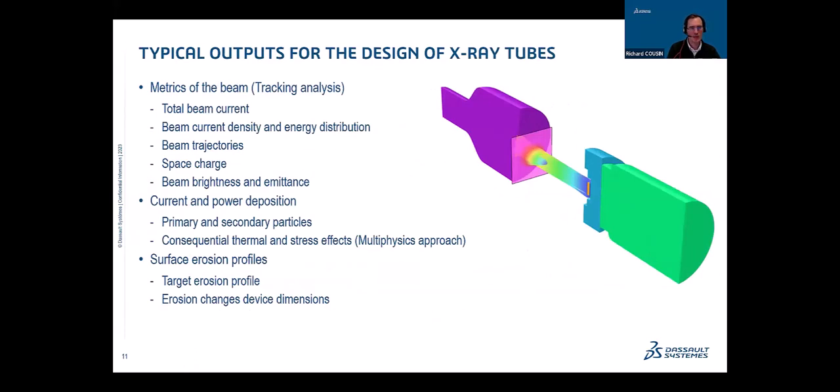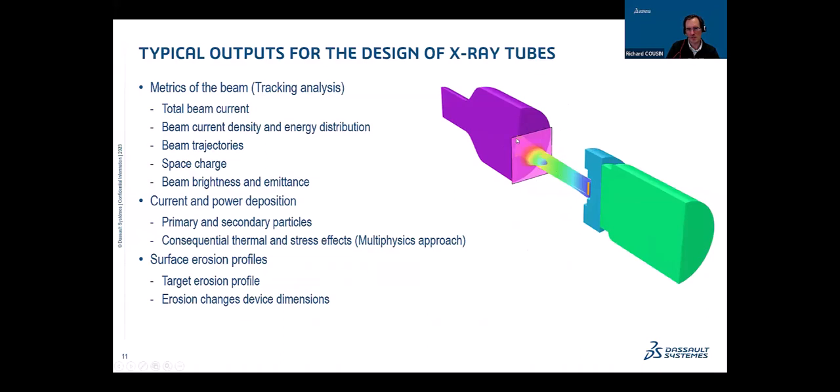Now, the typical outputs for the design of X-ray tubes are the following: the metrics of the beam, all the different parameters and analyses that you can extract from a tracking analysis. Then you have the total beam current, the beam current density, the beam trajectories, the space charge, and so on that you can analyze.